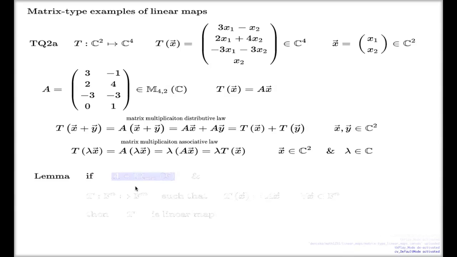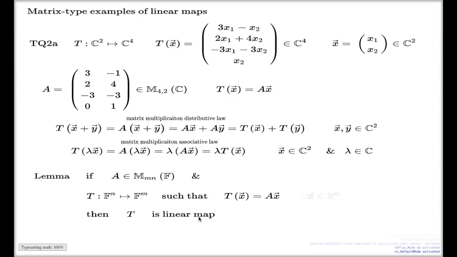If I have a matrix of size m by n with scalars coming from the scalar field F, as usual, either rationals, reals, or complex numbers, and if I have a linear map which maps n-tuples to m-tuples such that it is simply given by multiplication, any such map, and that's a special case of a linear map, will be a linear map every time.